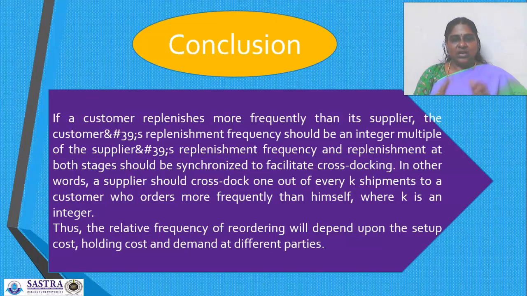In other words, a supplier should always cross-dock one out of every K shipments to a customer who orders more frequently than himself, where K is an integer. Thus, the relative frequency of reordering will depend upon the setup cost and the holding cost at different parties.